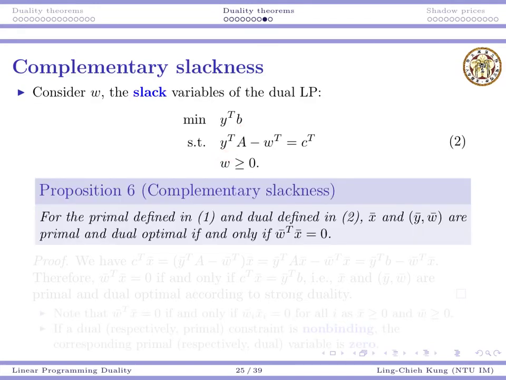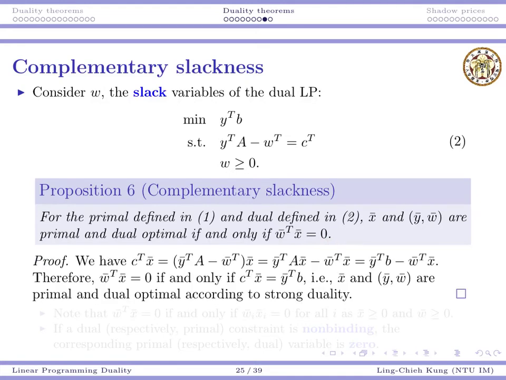Here we have a very interesting proposition saying the following. For the primal defined with inequality constraints and the dual defined here, x bar and (y bar, w bar) are primal and dual optimal if and only if, here what we need is a new thing. This is also a necessary and sufficient condition for optimality. And here all we need is that w bar transpose x bar is 0.